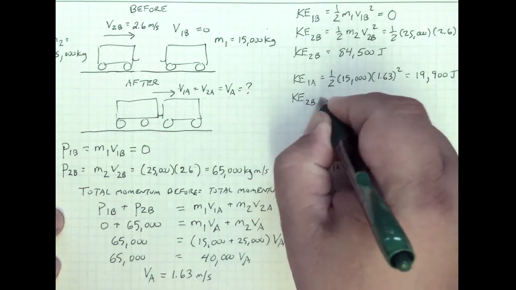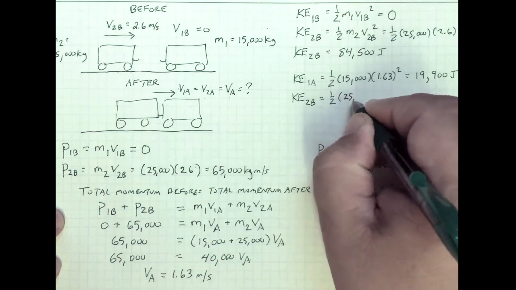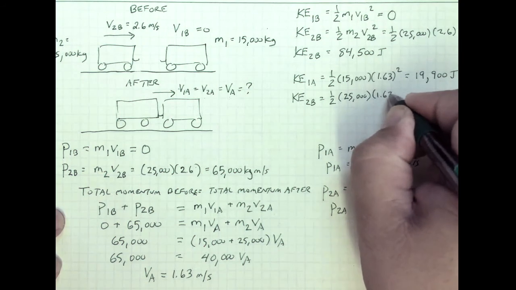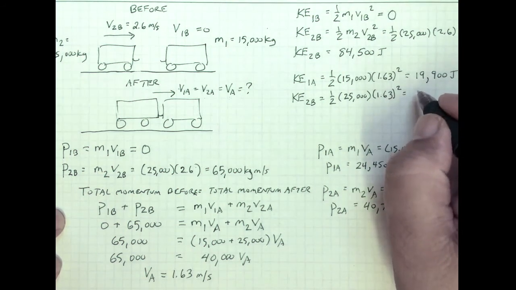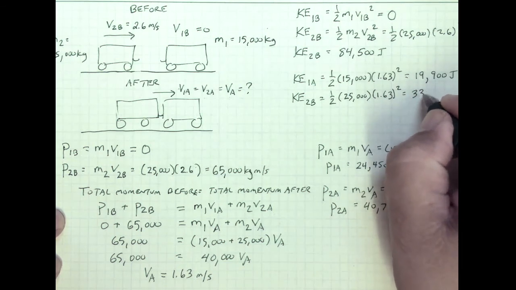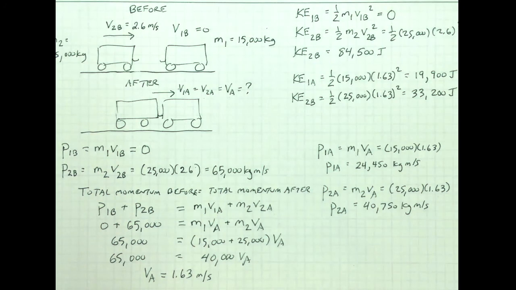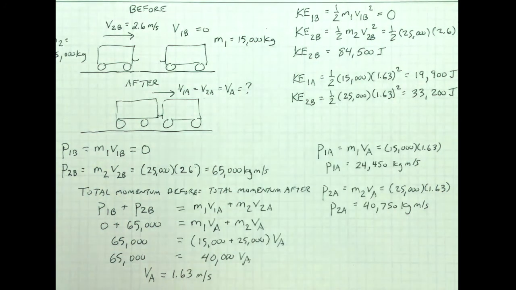Looking at the kinetic energy of car number 2, well, that's going to be 1/2 times the mass of car number 2, 25,000 kilograms, times their common velocity afterward, 1.63 meters per second. That comes out to be 33,200 joules. So as we can see, car number 2 lost about 50,000 joules of kinetic energy in this collision.